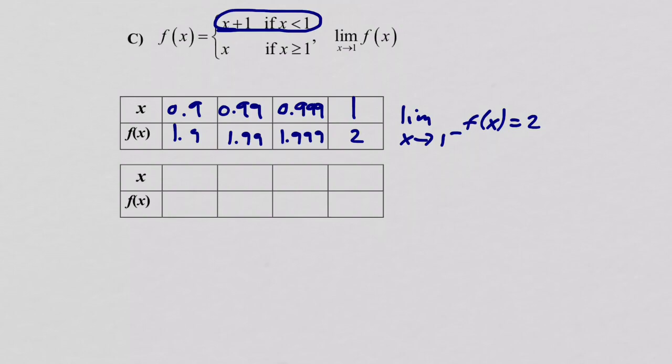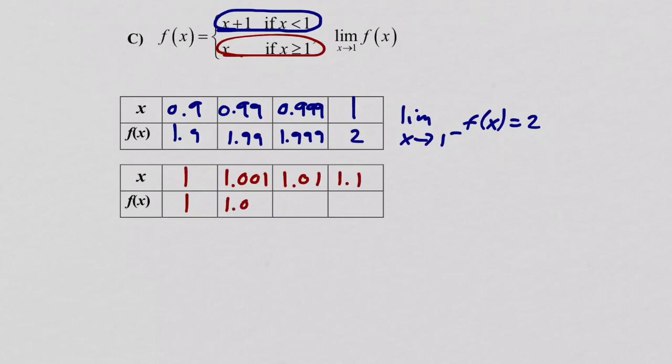On the flip side, as we approach 1 from the right-hand side, we're using the other function, the bottom function. It's got a domain restriction where x has to be greater than or equal to 1. So again, when we substitute in positive 1, we get 1. And we're going to plug in numbers from the right-hand side. From the right-hand side, this will be 1.001, 1.01, and 1.1.